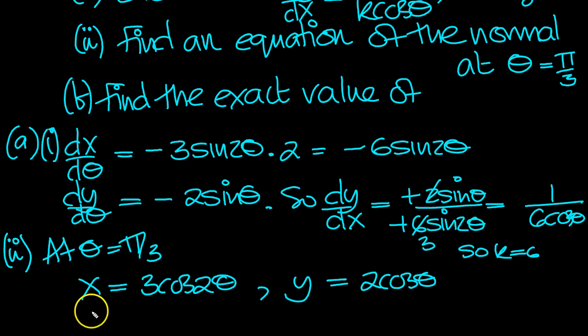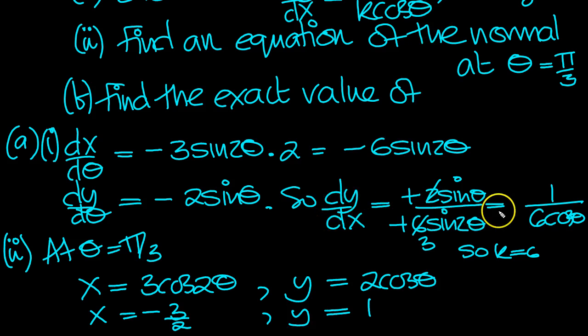So let's put it in then. Cos 2 pi over 3, cos 120 is cos 60 with a minus, which is sine 30, minus 3 over 2. Tap it in the calculator if you need to. And y is equal to, cos of 60 is sine 30, which is a half. 2 times a half is 1. So here's our coordinates then.